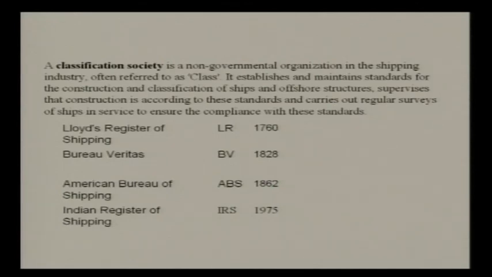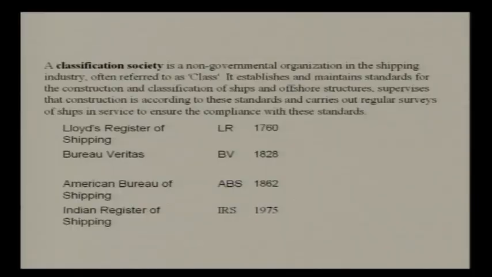Then there is also something known as a classification society. You should know that. There are some societies that are given the power that they look at the ship and say, okay, this is suitable for sailing in the sea. Means power requirements are met, the structural requirements, it seems strong enough, it won't buckle under the stress. So these conditions are met. So they give a certificate, and as a result the ship owners can then sail in sea.